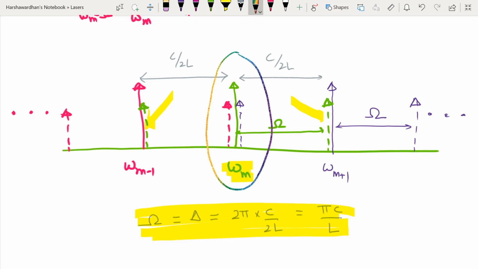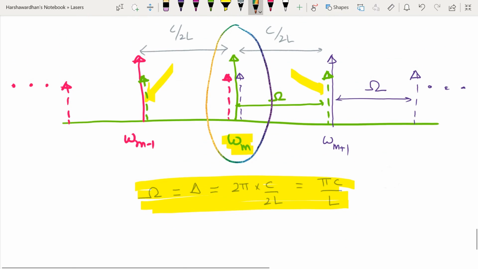That phase now becomes common to the omega m mode, the omega m plus 1 as well as the omega m minus 1 one, right? And hence this kind of locking propagates across the whole mode structure, and you get amplitude modulation being the mechanism of achieving mode locking. So this is essentially the basic idea.